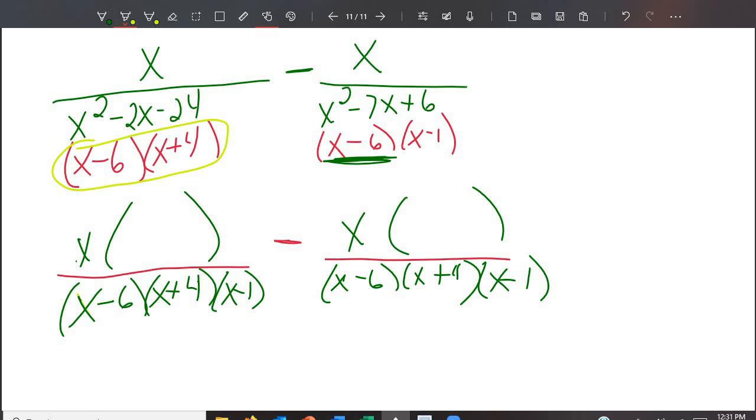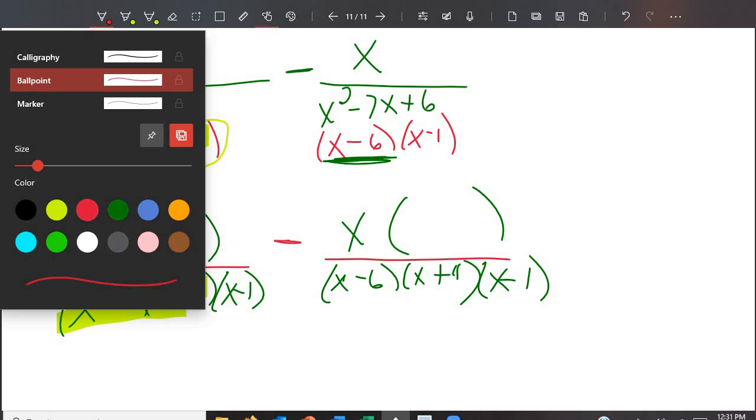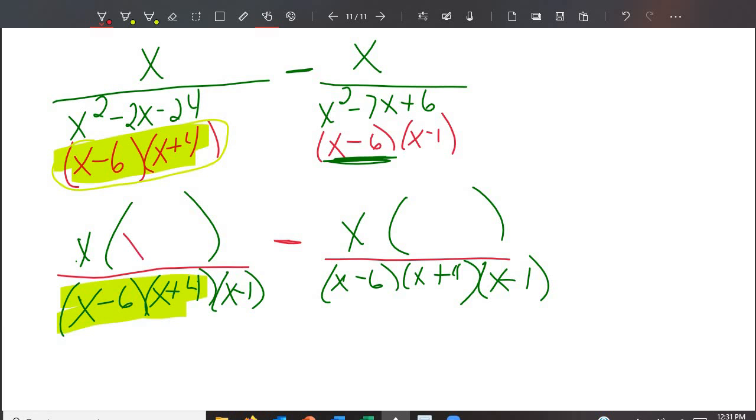All right, here comes my highlighter. These are the originals. What's not original is the x minus 1, so it's got to go up top. The x minus 6 and the x minus 1 are the original.